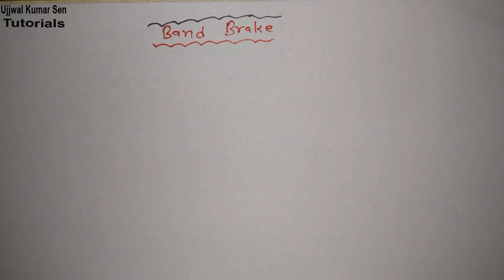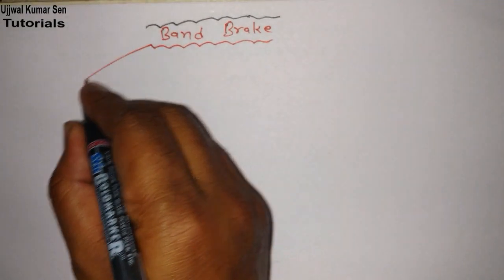So my motto of creating this video tutorial is to help you understand the formulas as well as the questions that have been asked in GATE previous years. That's why you will understand its basic concept, and you can solve the numerical problem. So basically, what is the most important thing in case of band brake?